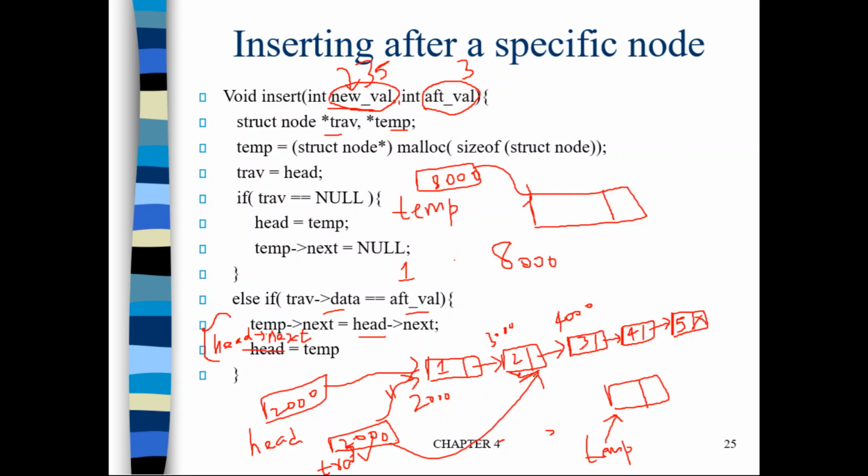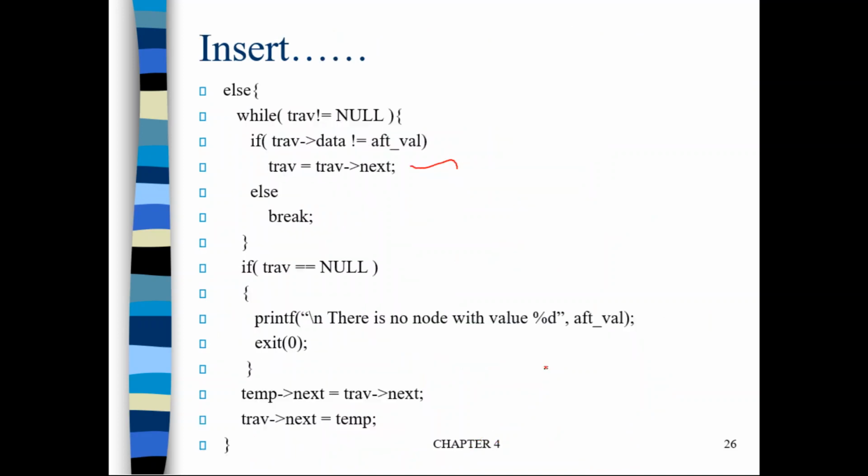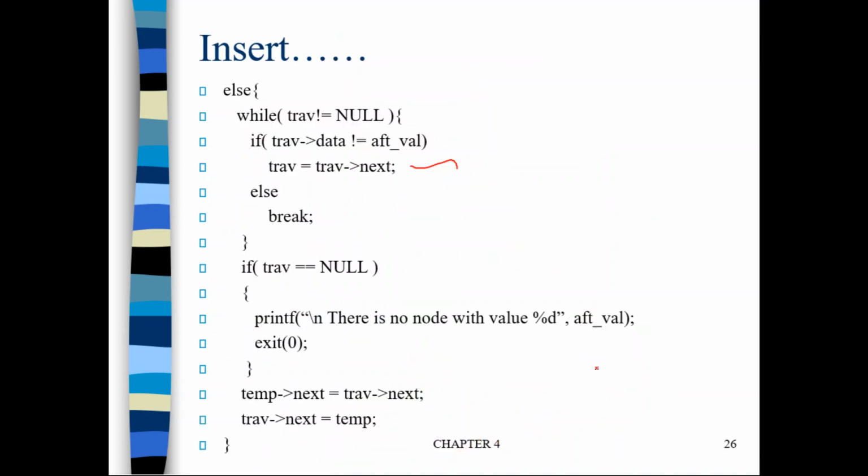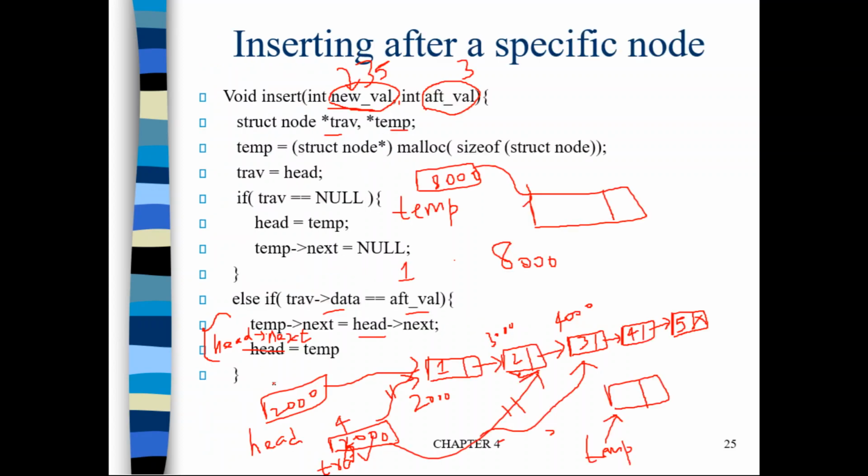Now again traverse is equal to traverse arrow next. It means it is not pointing to 3000, it is now pointing to 4000. So this pointer is no more pointing to the second node, now it is pointing to the third node, this particular node.